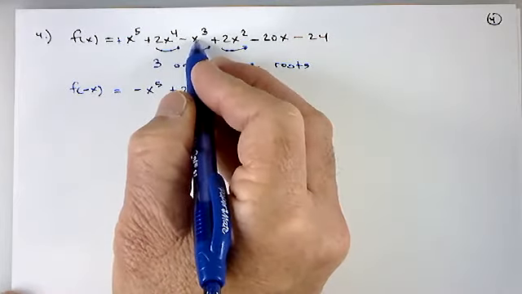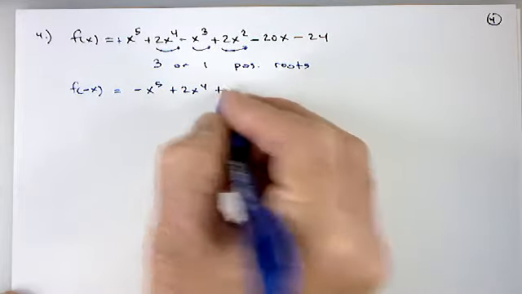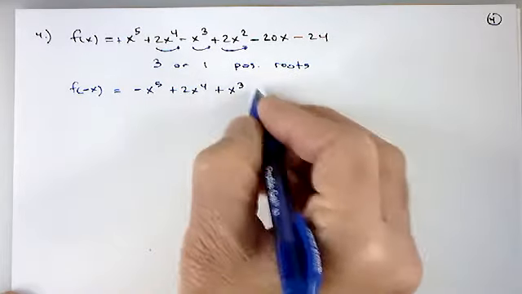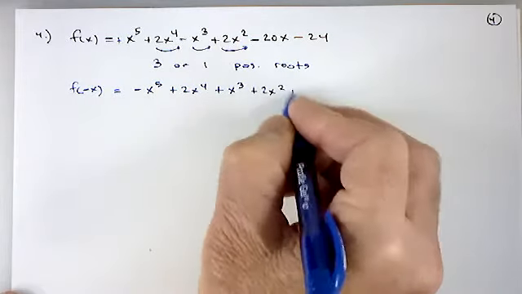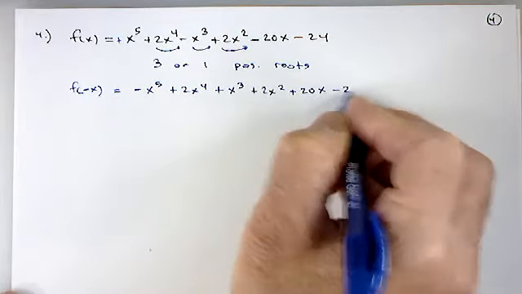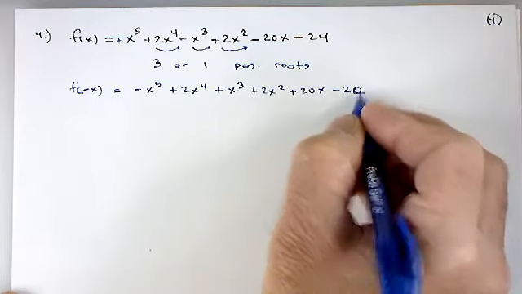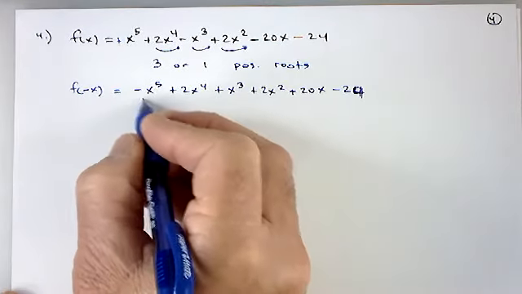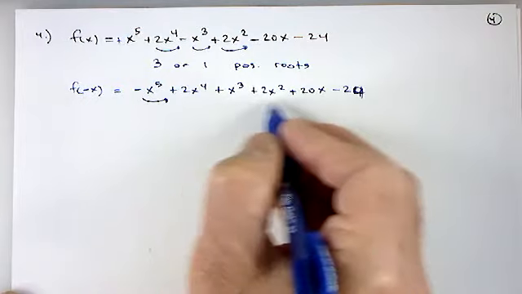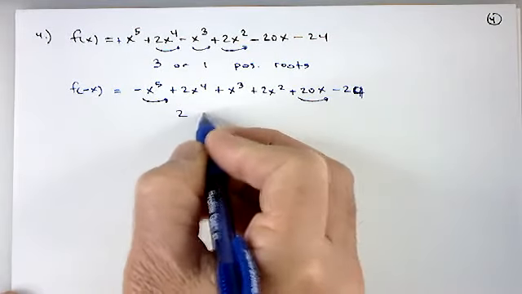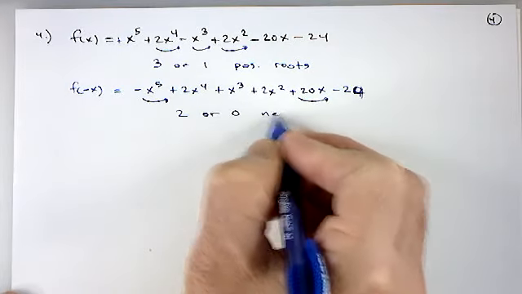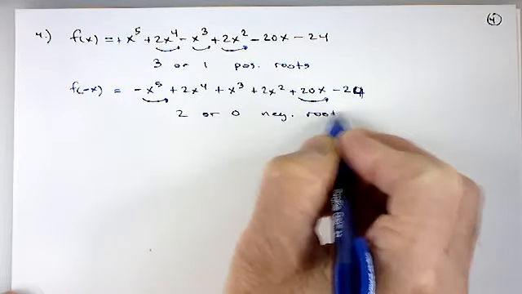That's going to be a negative, which is already a negative. So that'll be positive x cubed. That'll stay the same. That's going to change that to minus. So that'll be positive 20x minus 24. So I have 1 sign change, positive, positive. I have 2 sign changes. So that means I have either 2 or 0 negative roots.